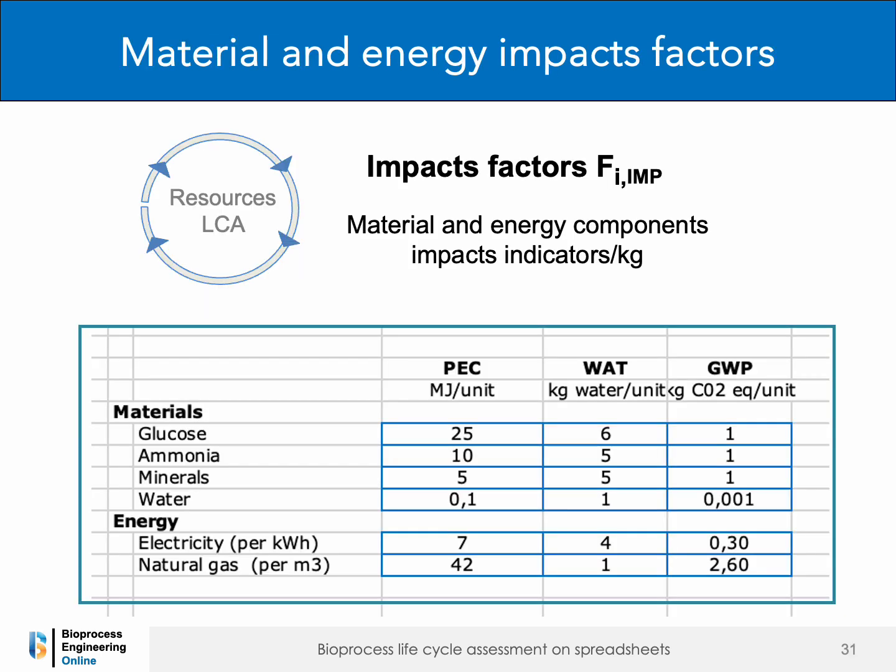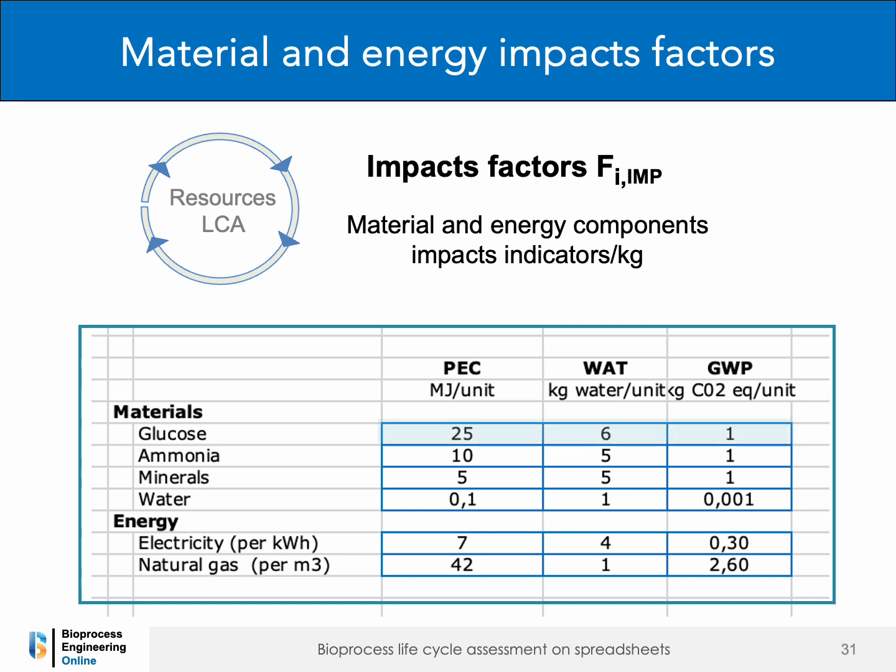The impact indicators spreadsheet initially specifies the impact factors associated with the material and energy inputs and outputs, analyzed in the material and energy inventories. These impact factors quantify the environmental impacts generated by the production, transportation, and utilization of one unit of material or energy sourced from their respective life cycle assessments.